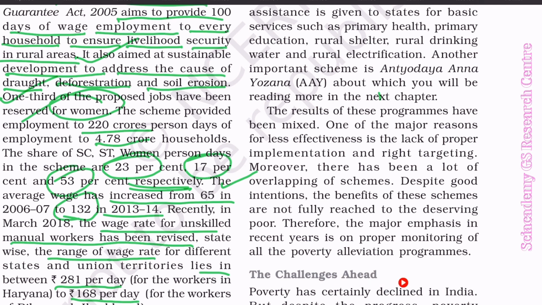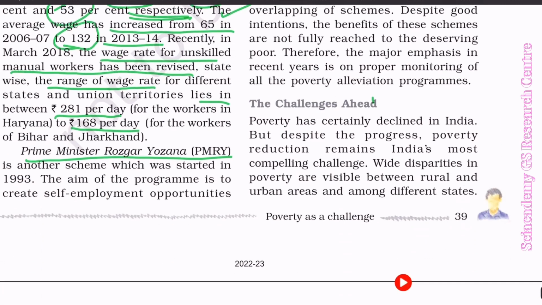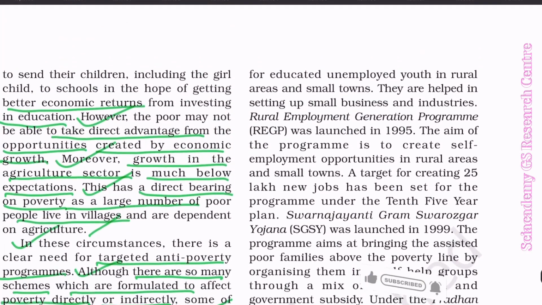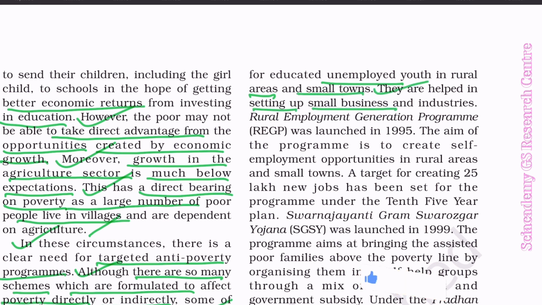Prime Minister Rozgar Yojana (PMRY) is another scheme which was started in 1993. The aim of the program is to create self-employment opportunities for educated unemployed youth in rural areas and small towns. They are helped in setting up small businesses and industries.